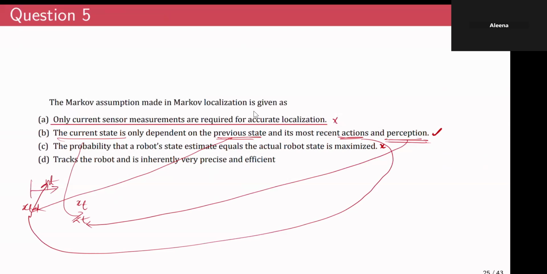So that is not really efficient, right? Because we keep having to evaluate and compute the entire grid all the time. That makes Markov localization inefficient compared with Kalman filter localization. So that statement is also not true. You cannot associate efficiency with Markov localization. So in that regard, our only correct answer is option B.